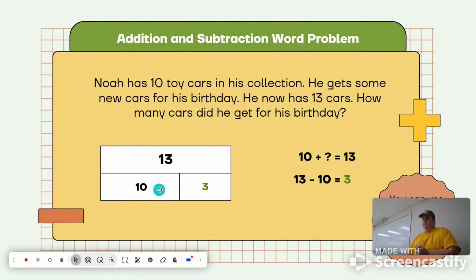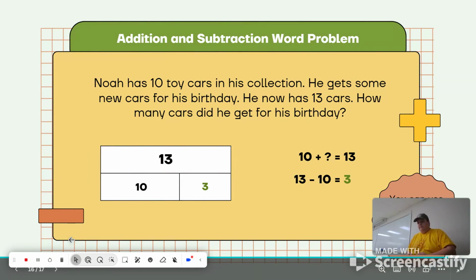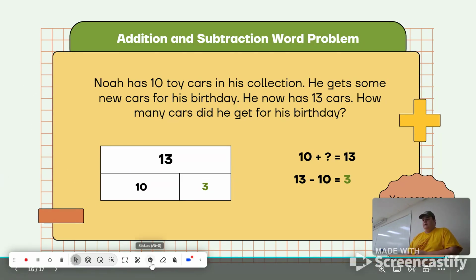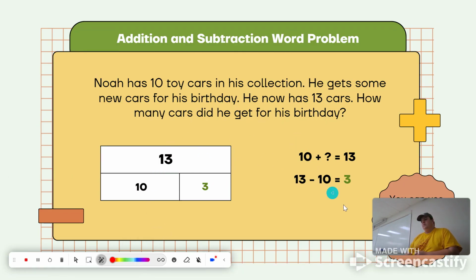You can use bar models for word problems as another visual aid. But this comes into play. You need the students to know where to plug the numbers into. So knowing that 13 is our final answer, this is how many cars he has after his birthday, now we're going to plug 13 into the big box.